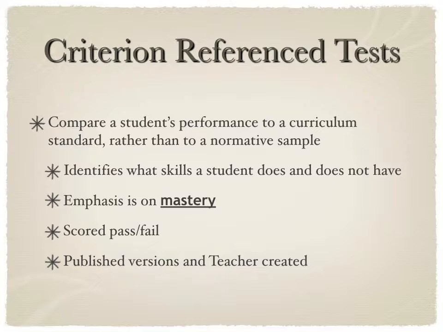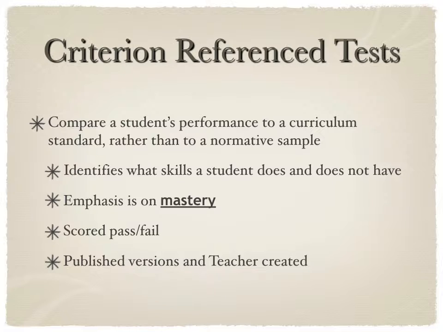I wanted to touch a little bit on criterion reference tests. So these are tests that are unique in that they compare a student's performance to a curriculum standard. So this is where we're evaluating to determine if a child has mastered or acquired specific skills that are taught in a curriculum.